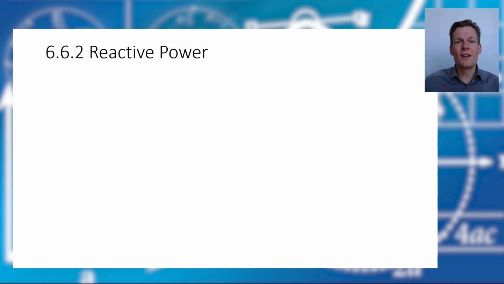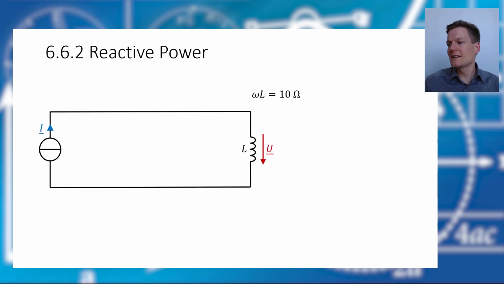Okay, and now let's have a look at reactive power. We will see in a minute what that is. So let's have nearly the same circuit, but this time we have an inductor in here. And the impedance of our inductor is also 10 ohm.